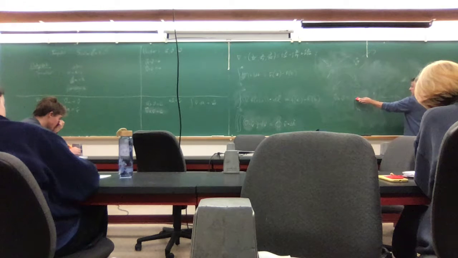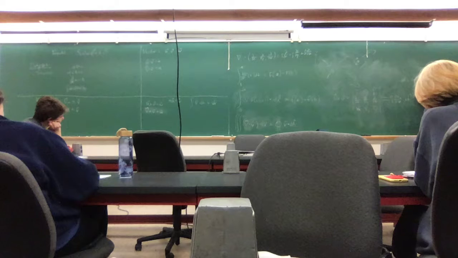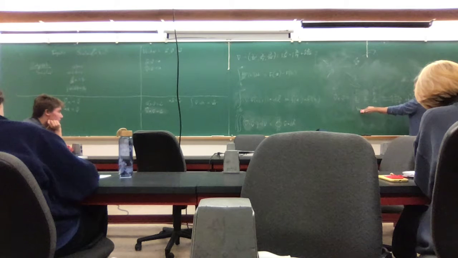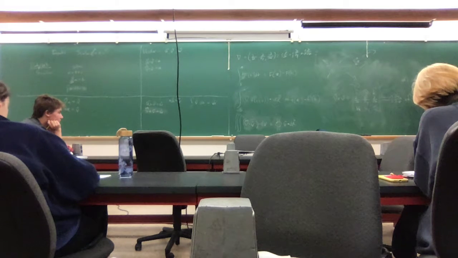Then I do this one, this one, this one, this one, plus k hat dv y dx. Then I go the other way. And that one minus k hat dv x dy. So I put these two together because they're both k hats.